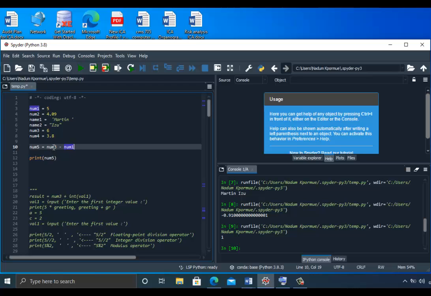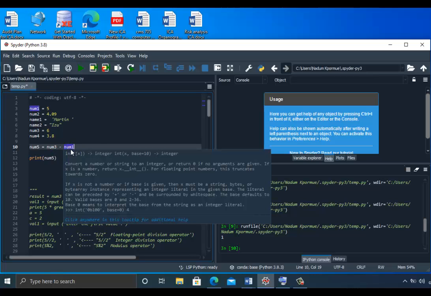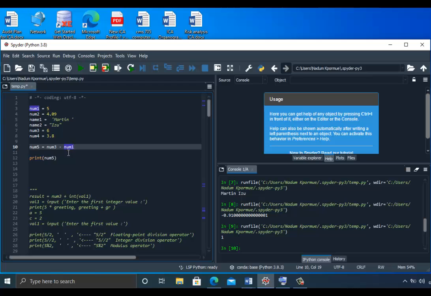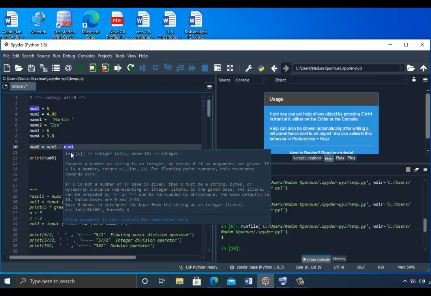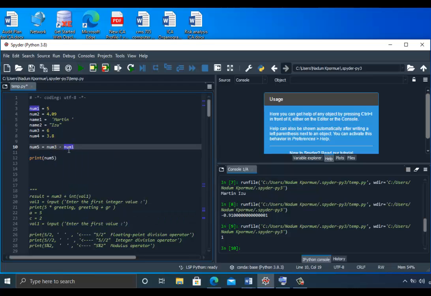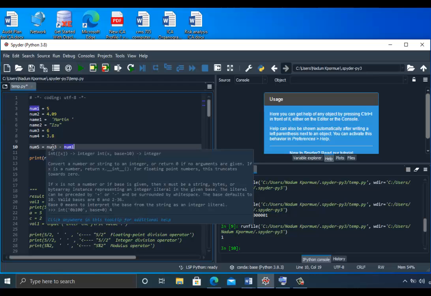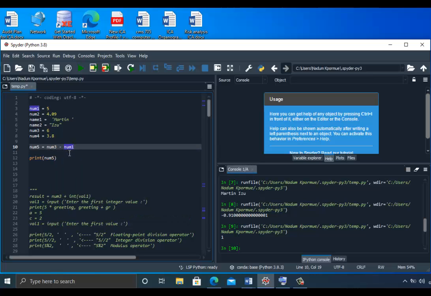What this statement is saying is that the value in the memory location referenced as num2 and the value in the memory location referenced as num1, let the interpreter find the difference between the content in num3 and the content in num2. The result should be stored in num5.